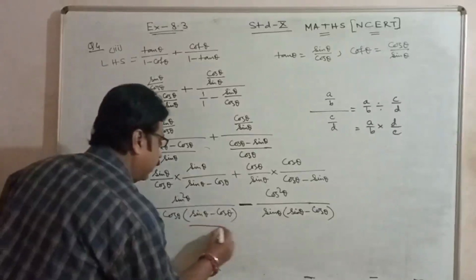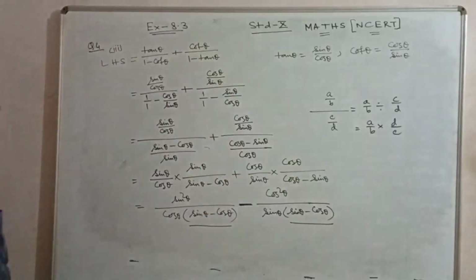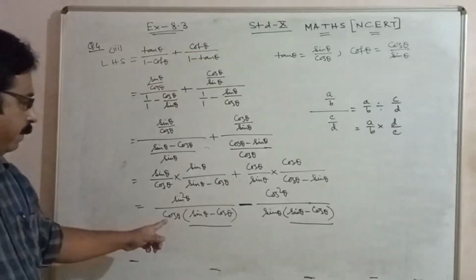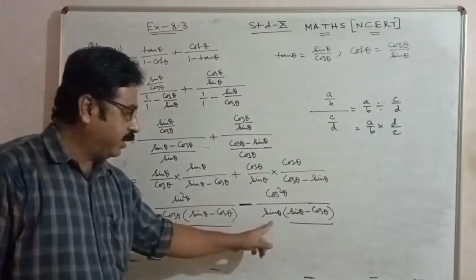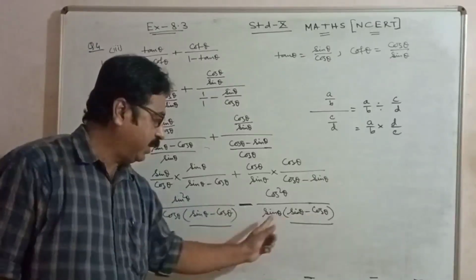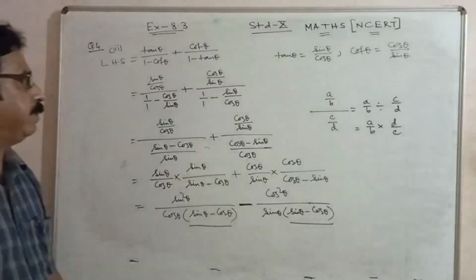Now this part and this part are the same. So what will be the LCM? It is cos theta into sin minus cos. It is sin theta into sin theta minus cos theta. So the LCM will be sin theta into cos theta into sin theta minus cos theta.